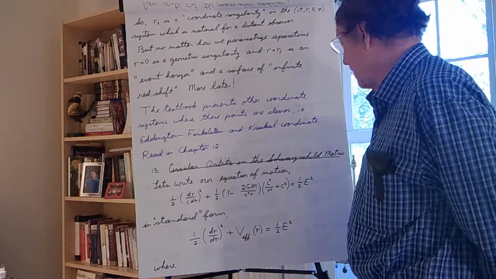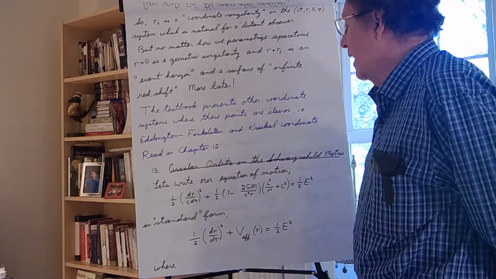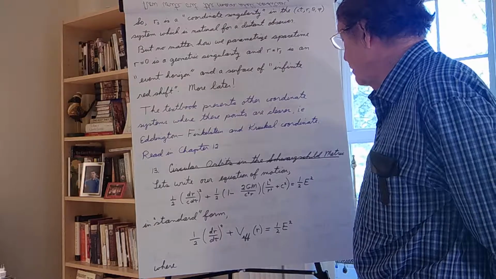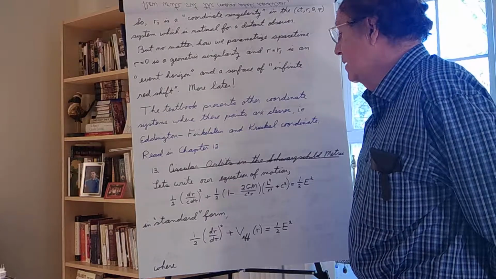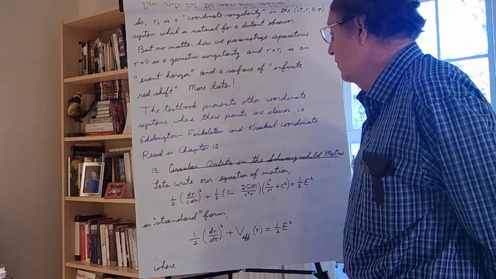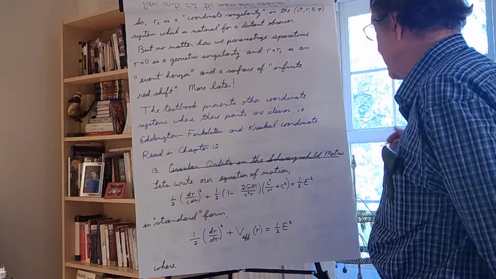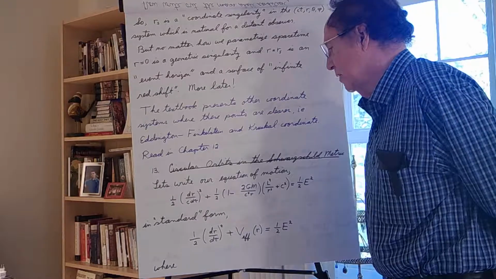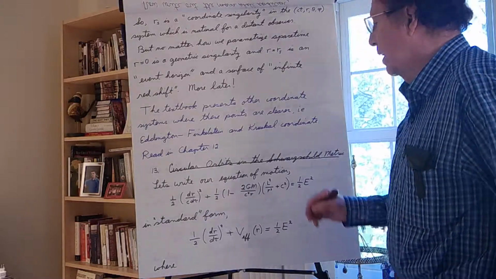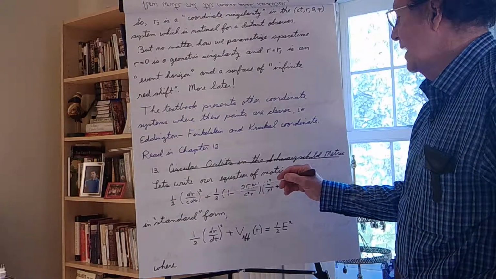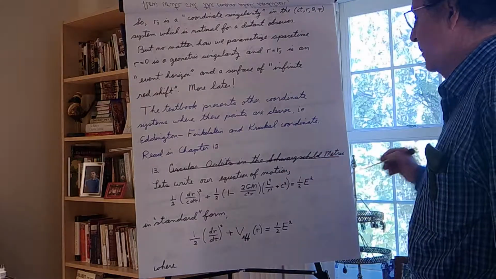I can write down the equation of motion for the particle, because I know also that the total energy is conserved. And so I have dr by d tau, and then I have some spatial dependence like that.